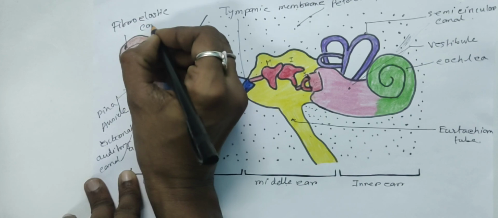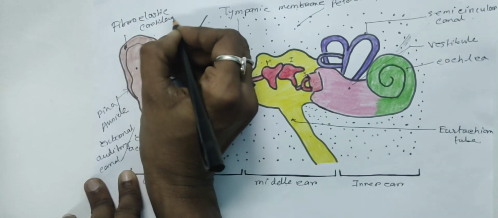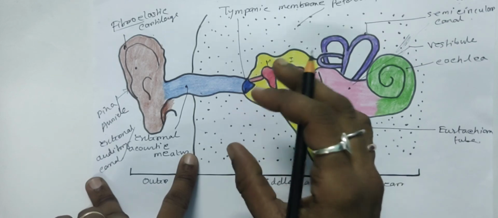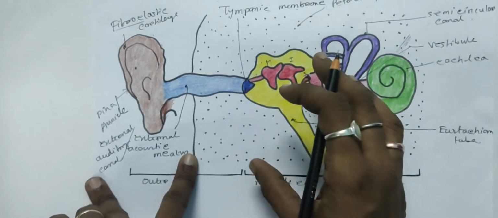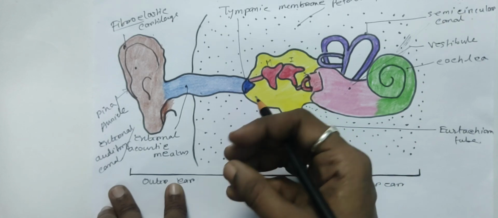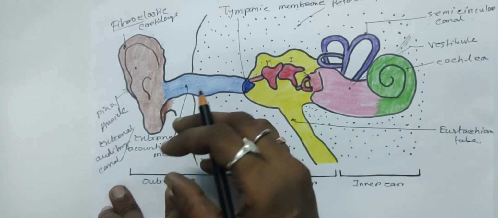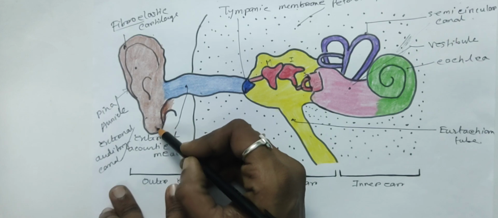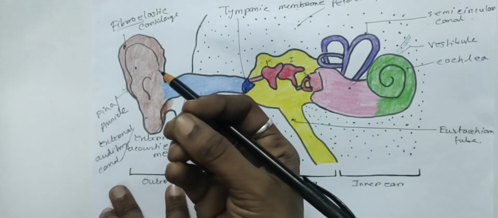Fibrous means tough, and cartilage means it's pliable. And this is the ear lobule. The lobule is made up of adipose tissue.